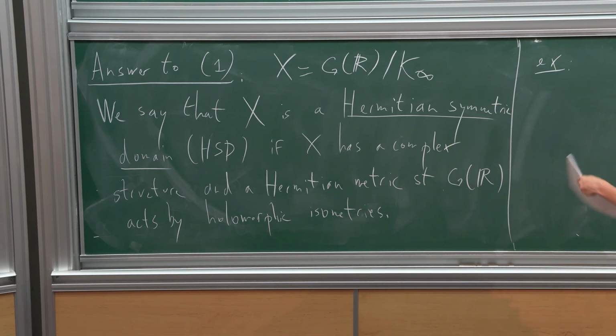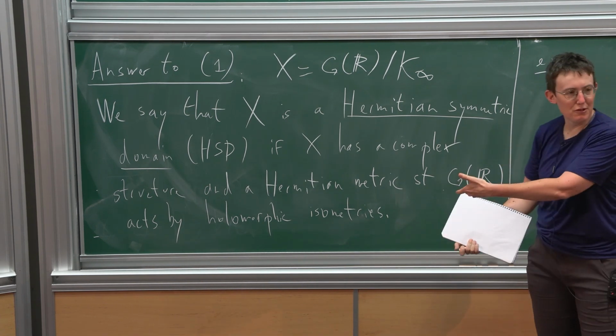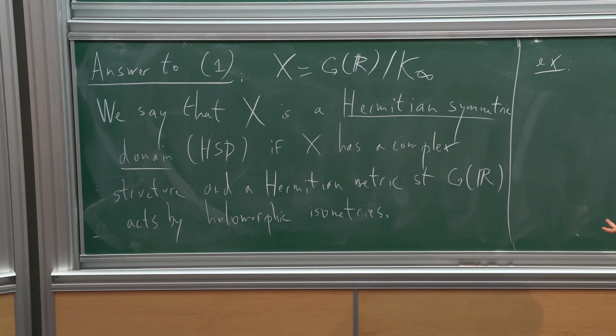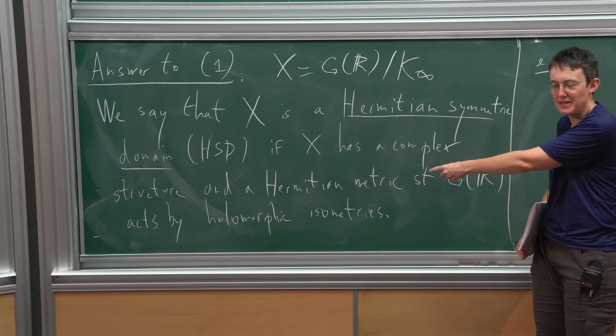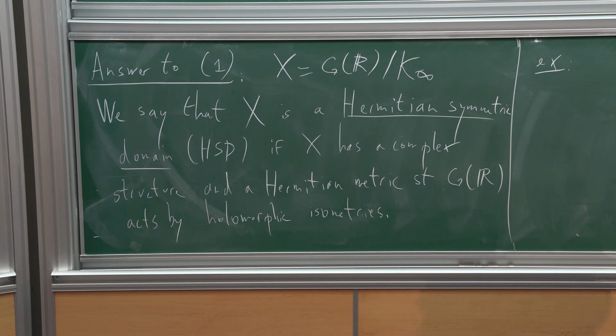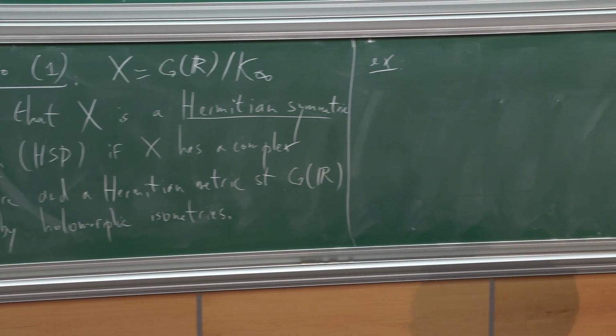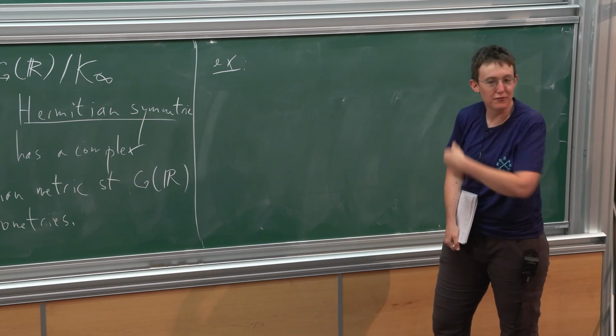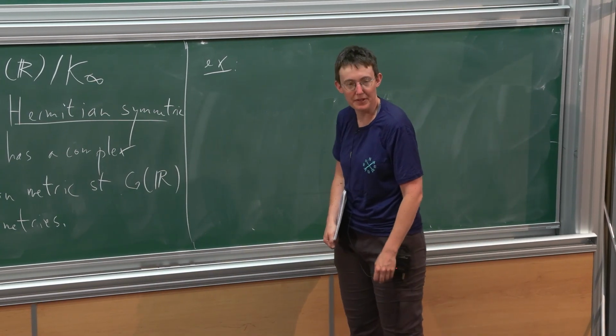So a Hermitian metric is just the analog of a Riemannian metric, but now the tangent spaces of X are C vector spaces. So we want to give a Hermitian scalar product on each of them that varies holomorphically.